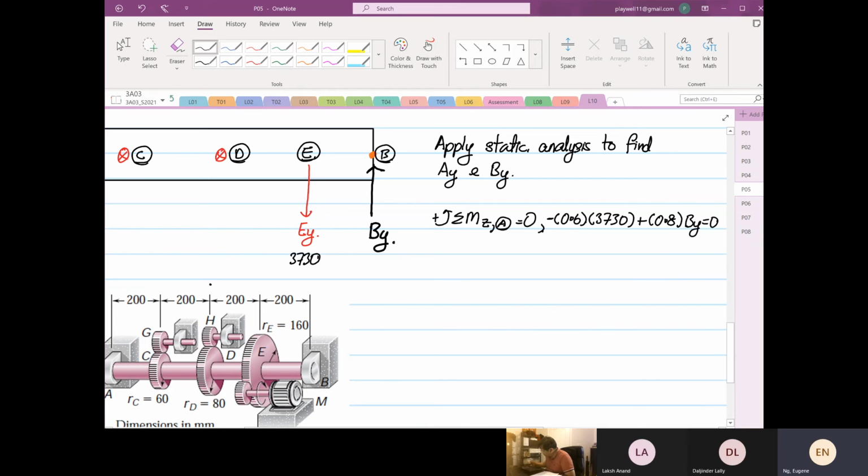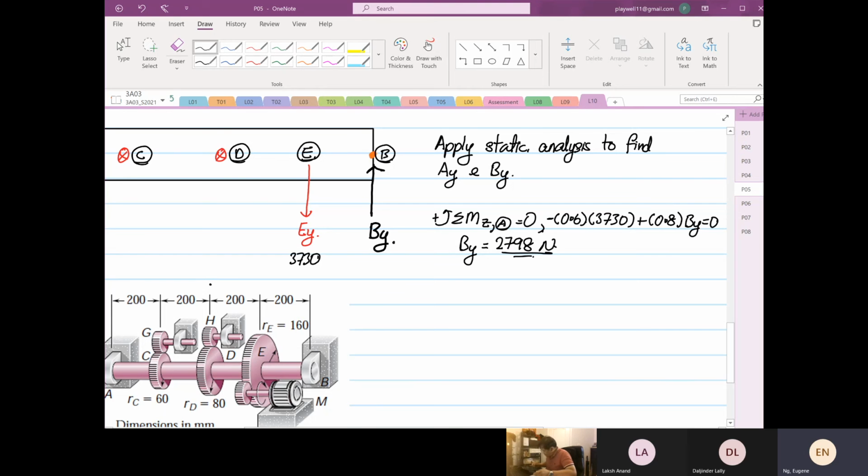This thing is equal to 0. So BY will be equal to 3730 multiplied by 0.6 divided by 0.8, which is 2797 or 2798.